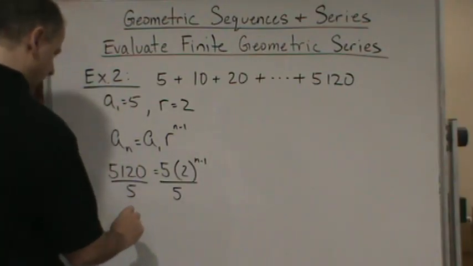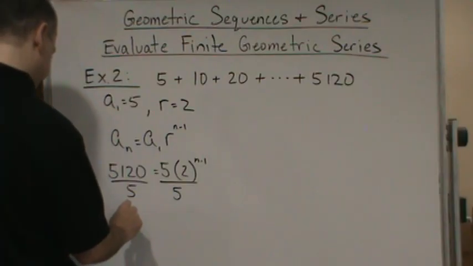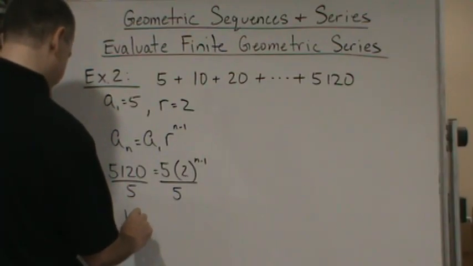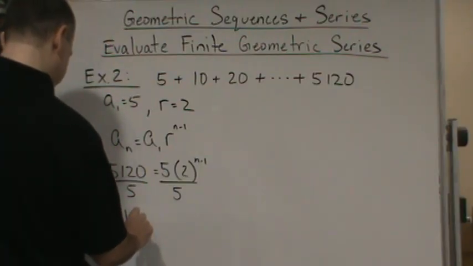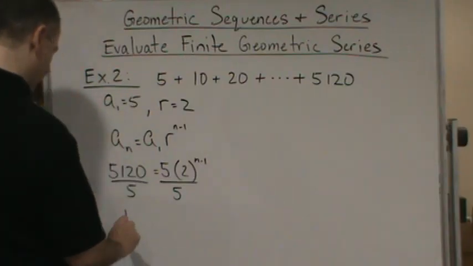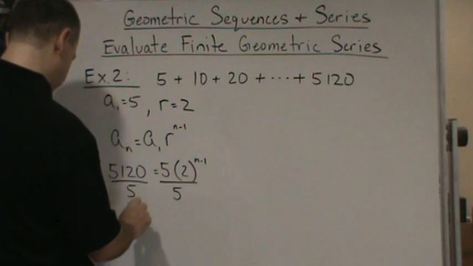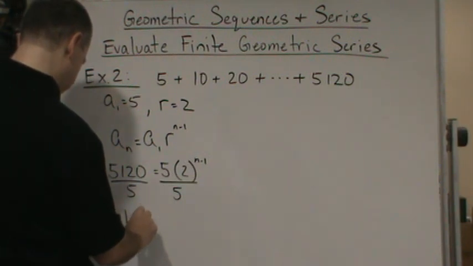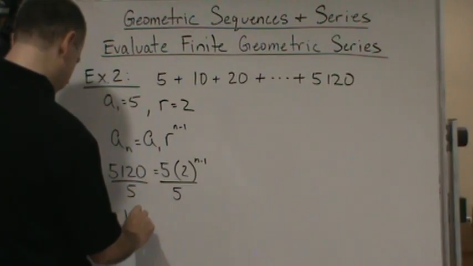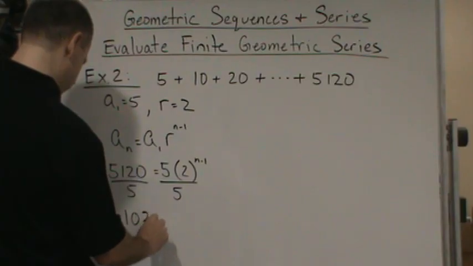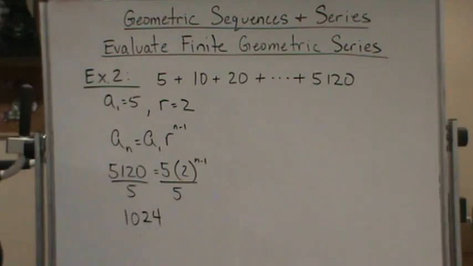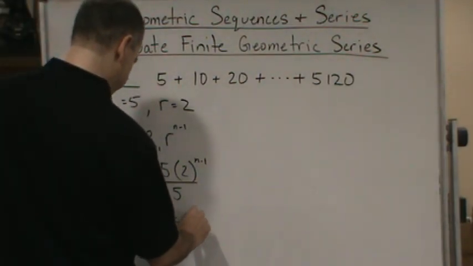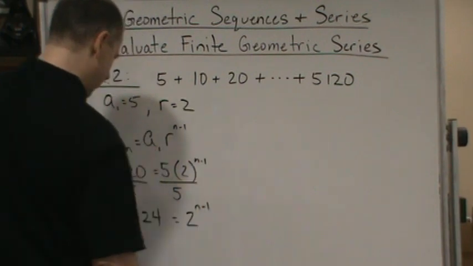And so that's going to give me 1,024 is equal to 2 to the n minus 1 power.